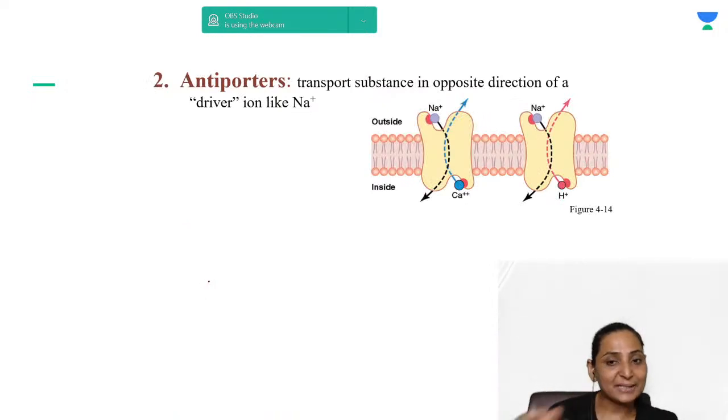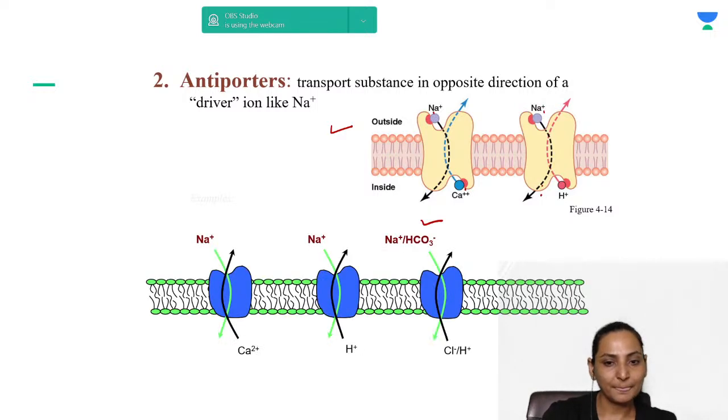Now this is your antiport, that is your counter transport, where one substance will move in one direction and the other substance will move in another direction. That is, one is moving inside and the other is moving outside. So I've taken sodium-calcium and sodium-hydrogen over here. Again, extracellular, intracellular, and can you see the direction, boys and girls?